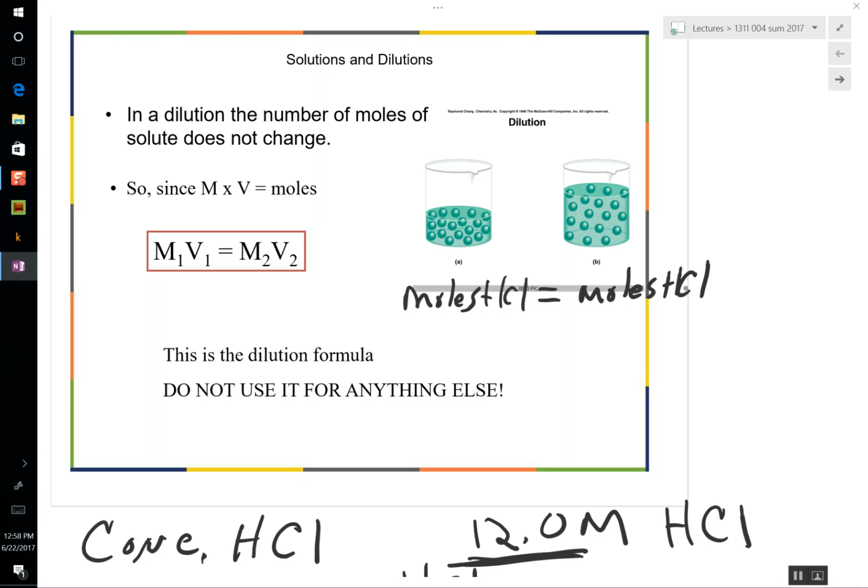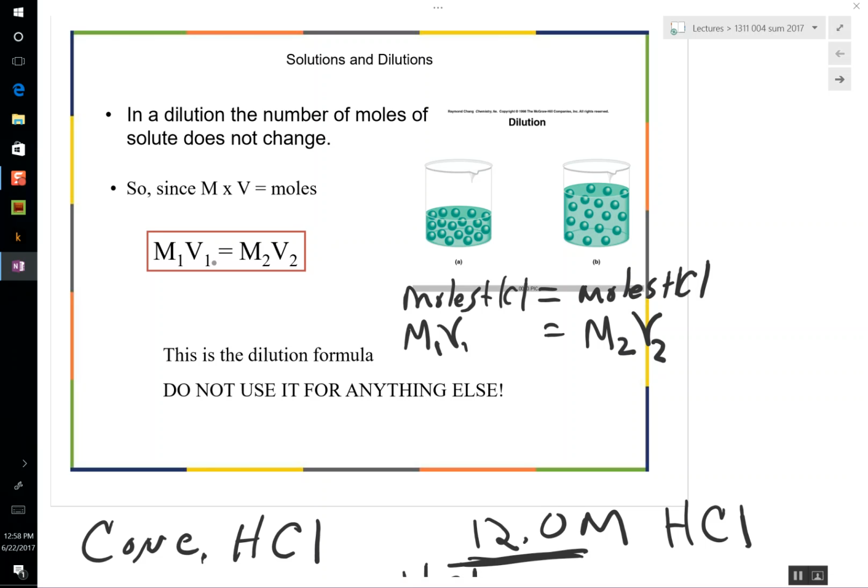The original concentration times the volume is moles, and the final concentration times the final volume is moles, so that stays equal.